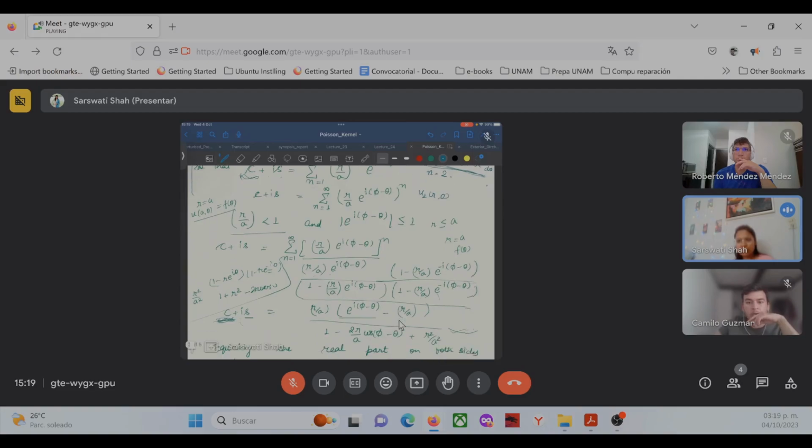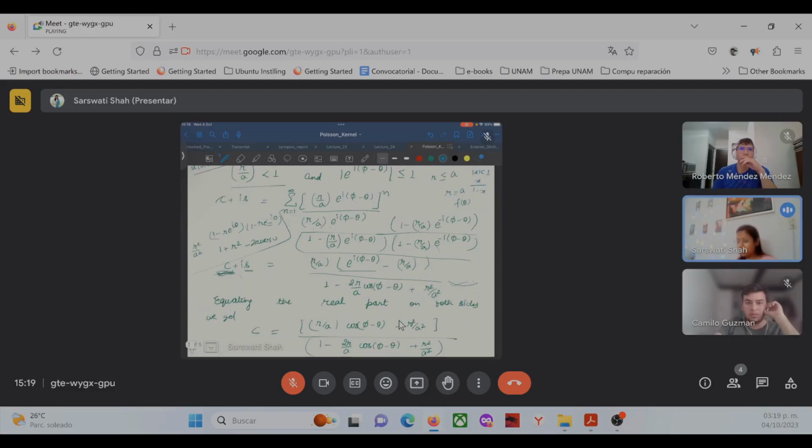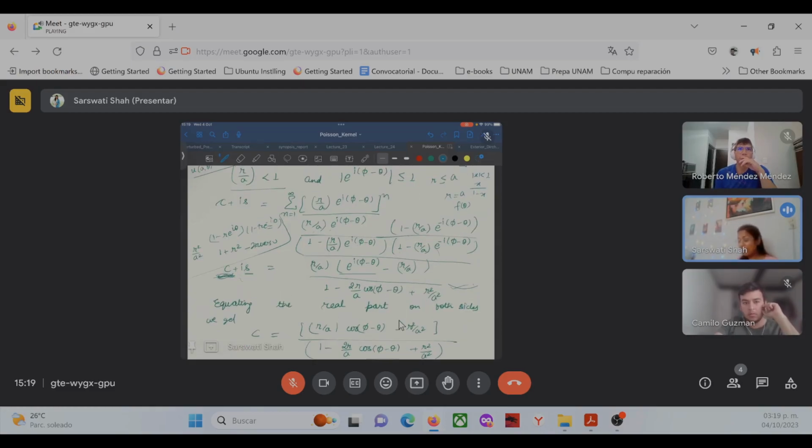I followed this technique and then used the formula, summation of x to the power n with modulus of x less than 1. You already know from real analysis that the summation is going to be x upon 1 minus x. Using that formula we arrived that this c is equal to this. It means we now get rid of this summation.